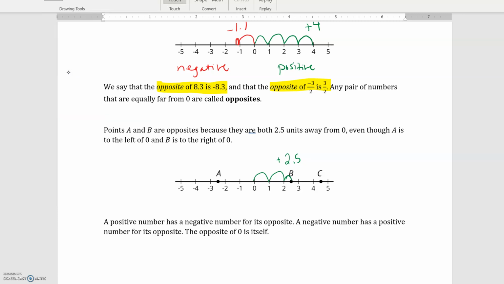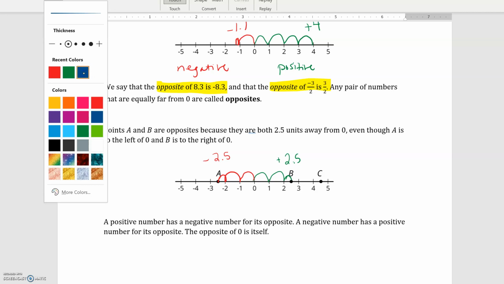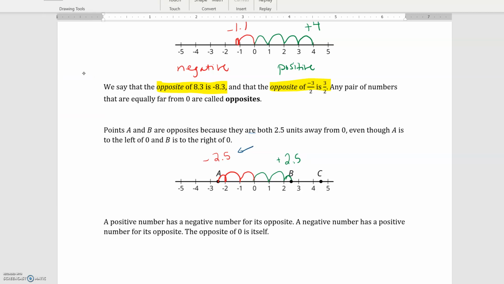And then I see as well that A is negative 2 and 5/10 because it's 2 units to the left of 0 and an extra 5/10 to make negative 2 and 5/10. And we call both those numbers opposites because they're the same distance from 0.